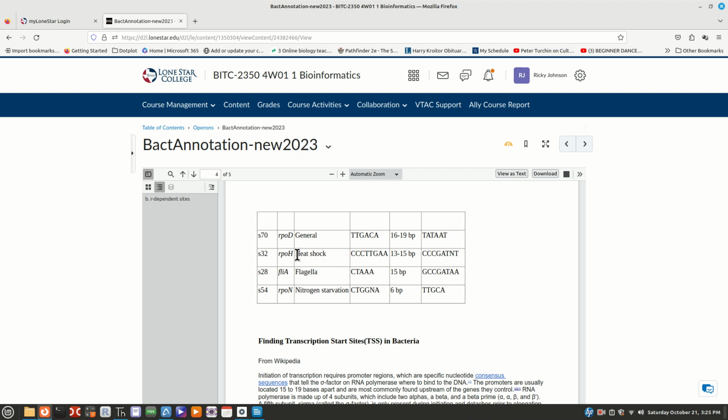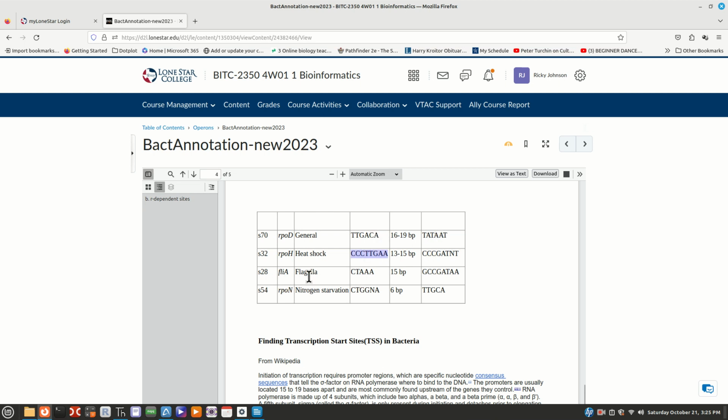Some genes get activated by temperature change, and if you think your gene is related to that, then instead of looking for TATA and the sequence at -35, you should look for something like this at those two positions.